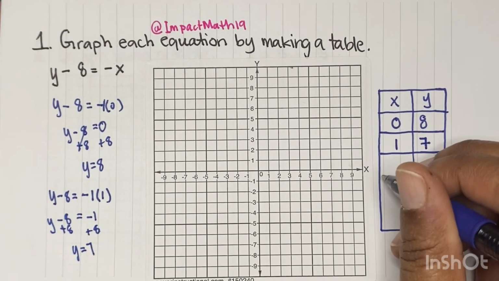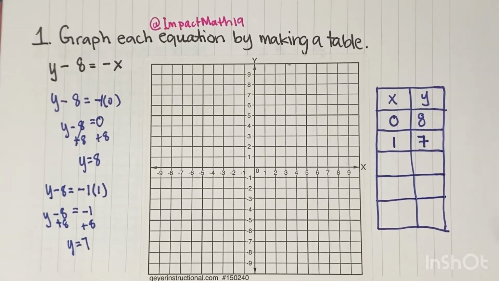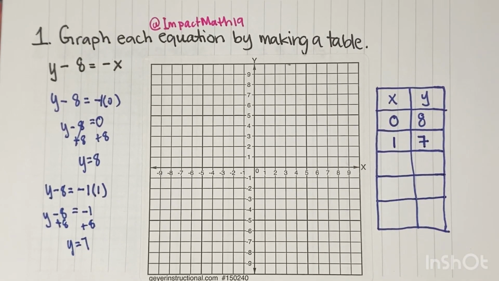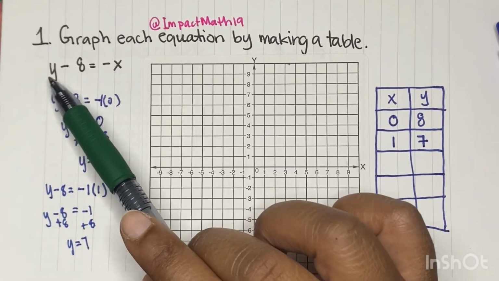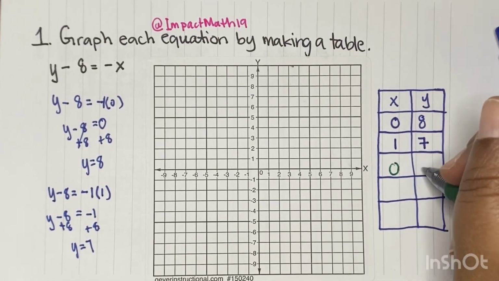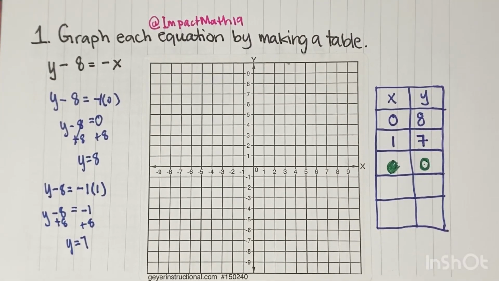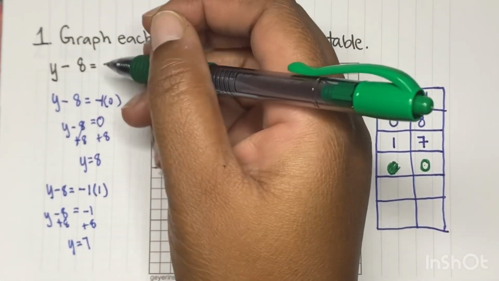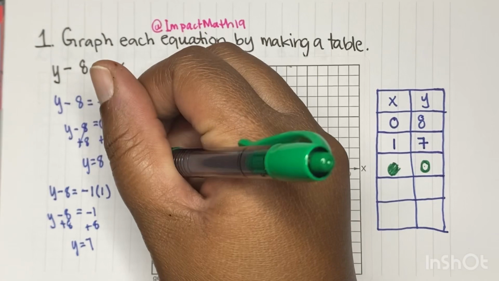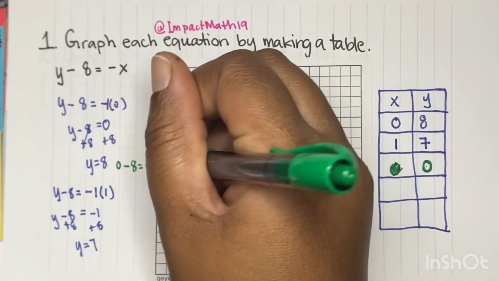Now let me show you if you chose to plug in for y. So if we plugged in for y instead, let's plug in 0 for y. Oh, 0 for y, not the x, right? Okay, so we're plugging in 0 for y. So in this case, I would start off with 0 minus 8 equals negative x.